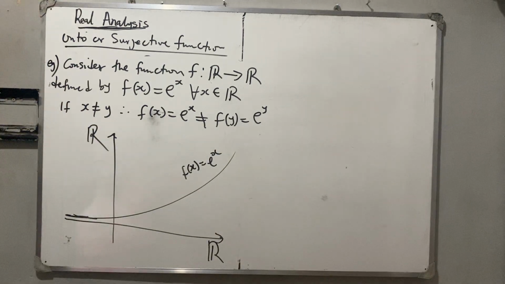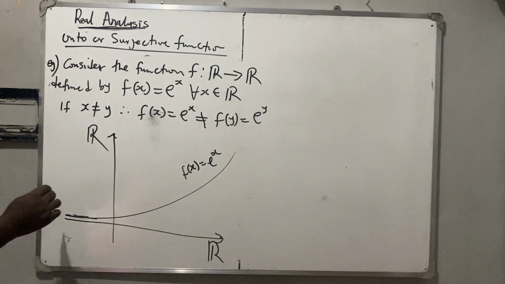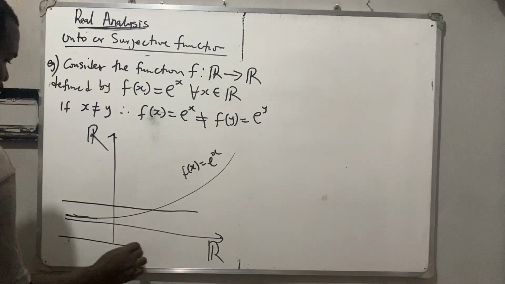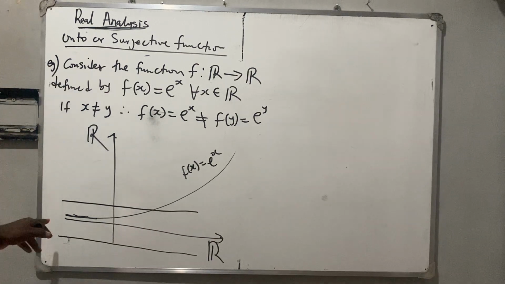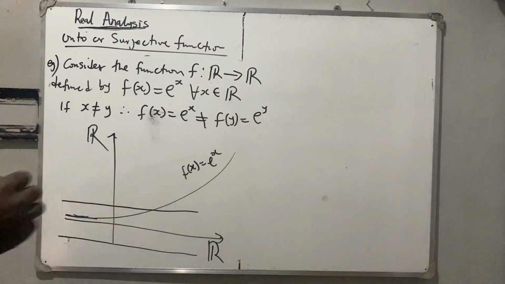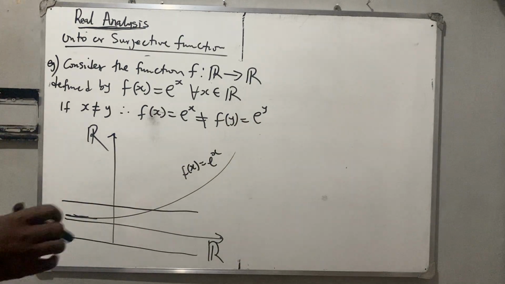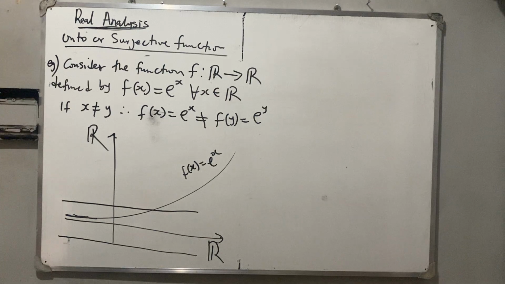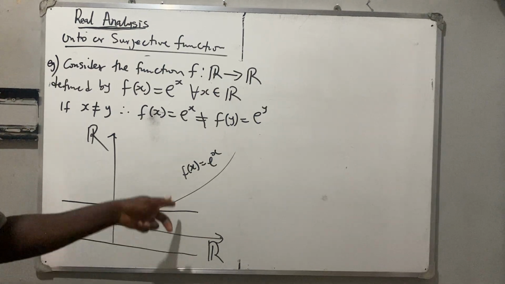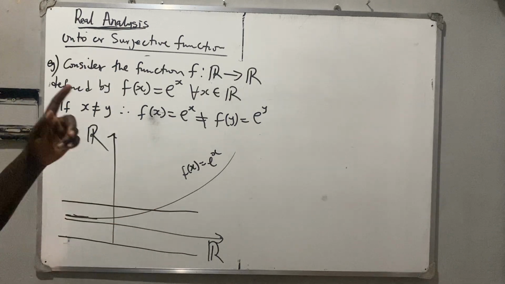You will notice that for any horizontal line I draw, that horizontal line must cut the function at most 1 point. It will not cut it at more than 1 point. So that means for any value I pick on x, I'm going to have just one single value on y.